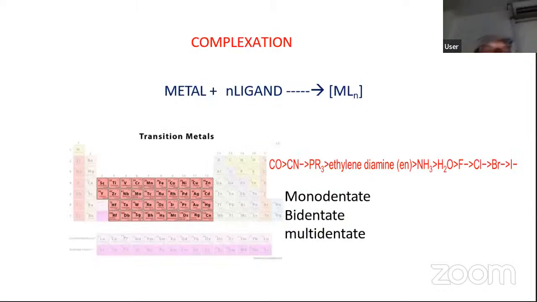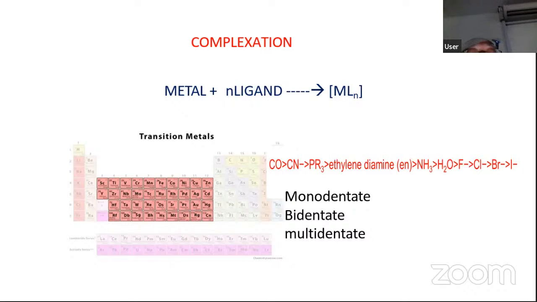Next slide, you see. Okay, so we have studied in my previous lectures for coordination compound, from complexation. Complexation is a reaction, okay? But it is a reaction for forming the complex.